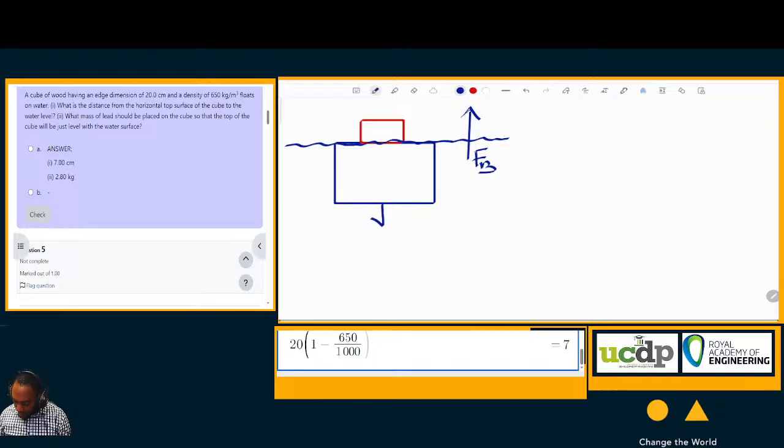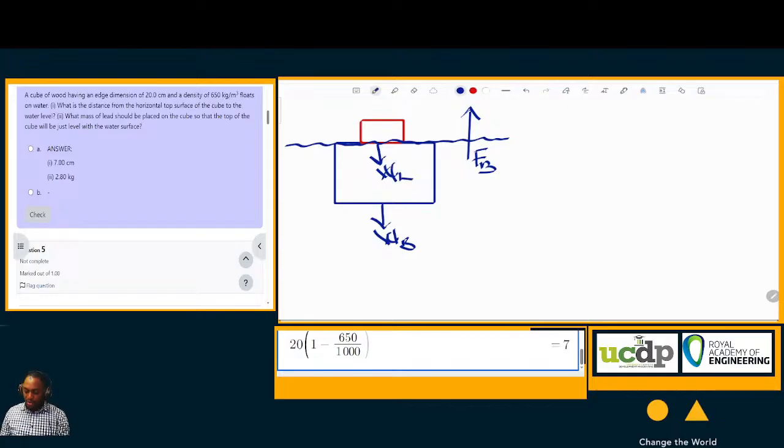You'd have the weight of the block, and you'd have the weight again of this lead.